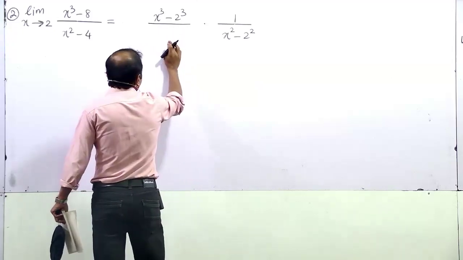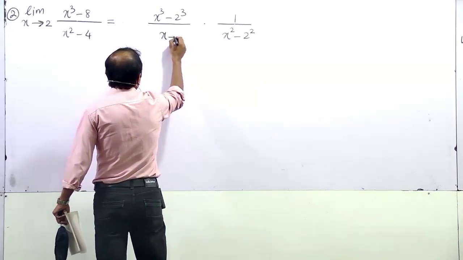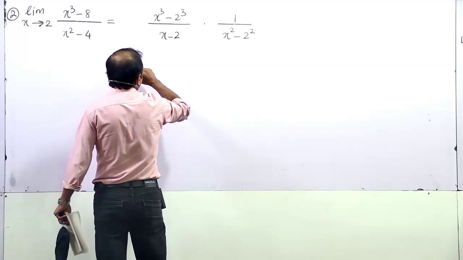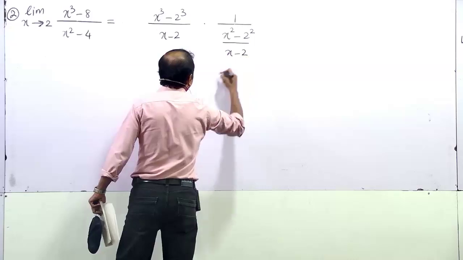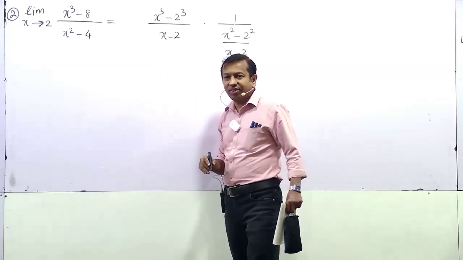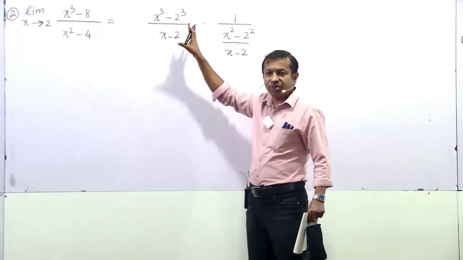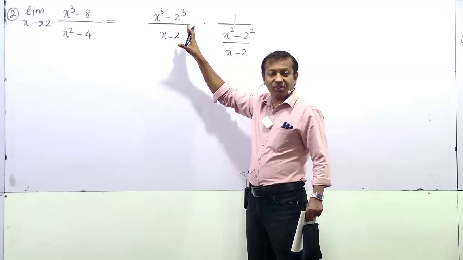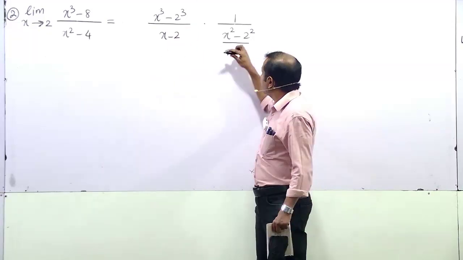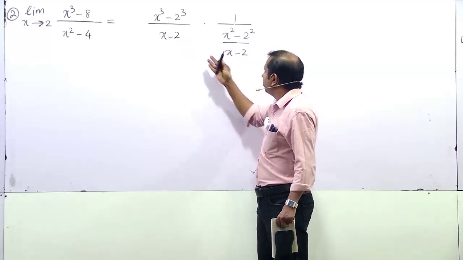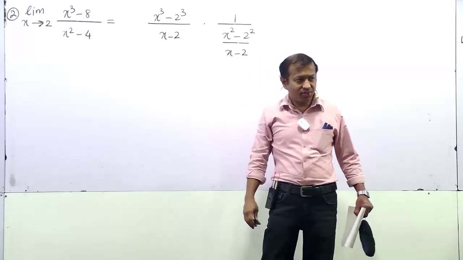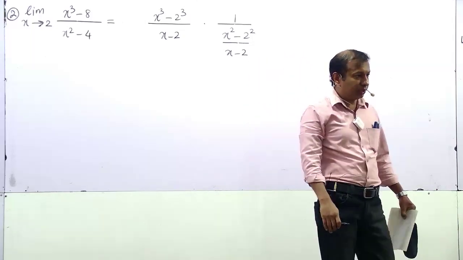Now I do like this here, people: I write x minus 2 above, then below this line I write x minus 2. Does this initial expression change? No reason. This x minus 2 is above the line, this one is below the line, and they cancel. Still the same. Understand?